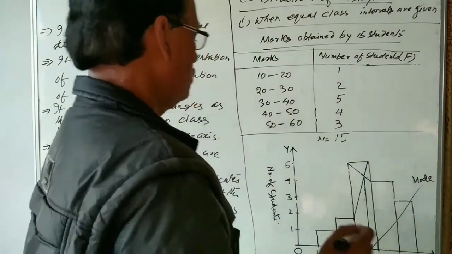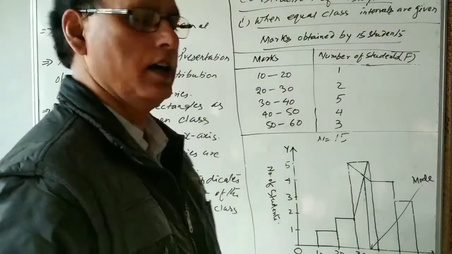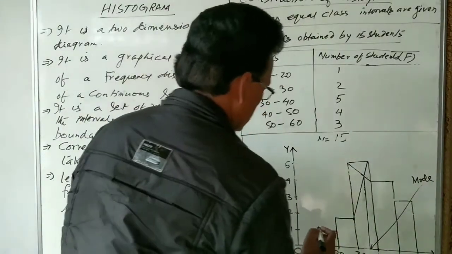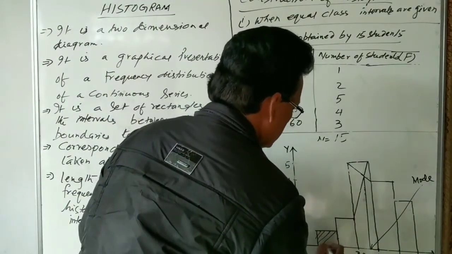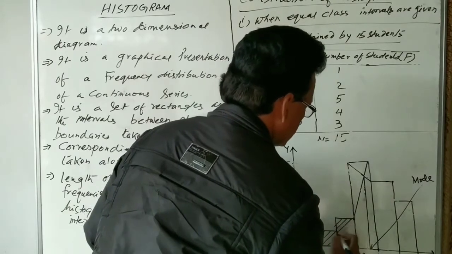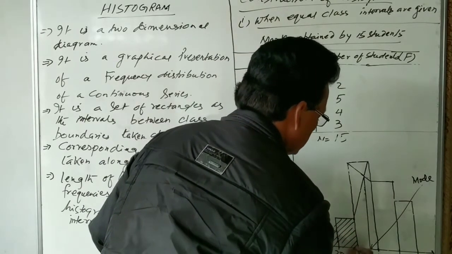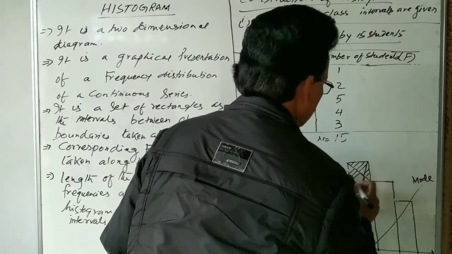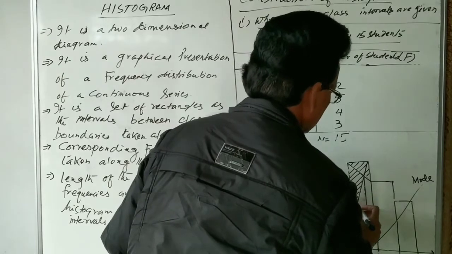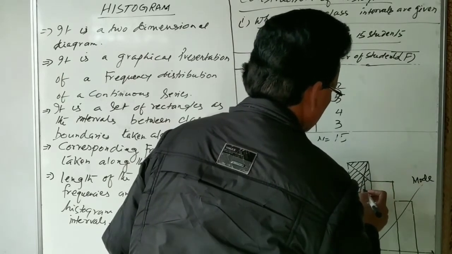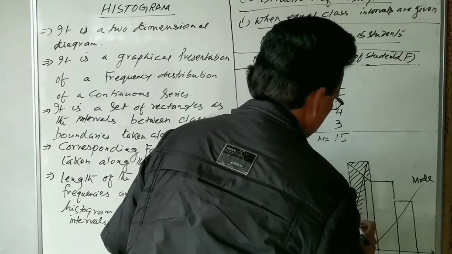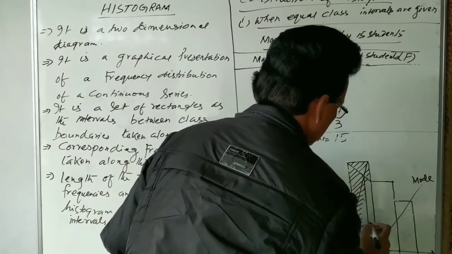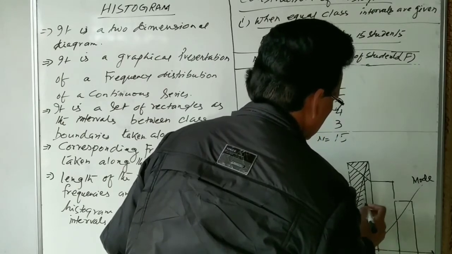In order to make this histogram more attractive and impressive, we can give it color. We can put the color also. If this type of color is given, it will look nice. So this is what we have seen.